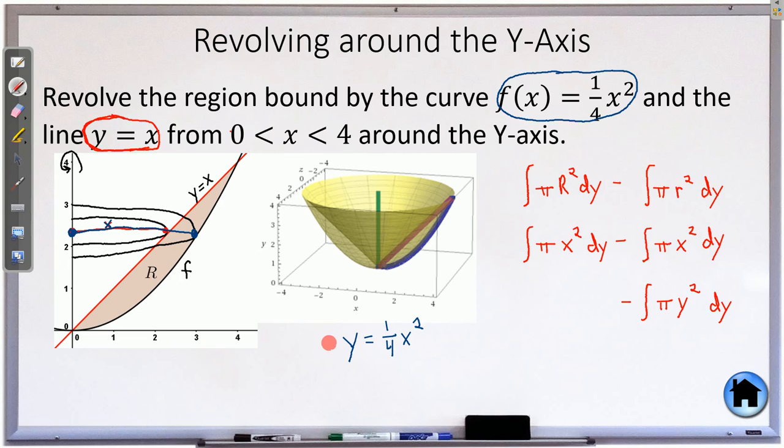So we're going to multiply by 4 and then square root both sides. So x is going to equal square root of 4y. And if you want to simplify that, that would be 2 square roots of y. Looks a little nicer, I suppose.